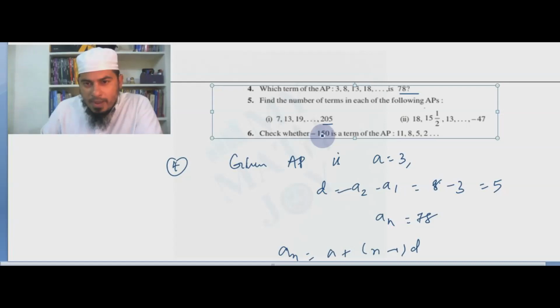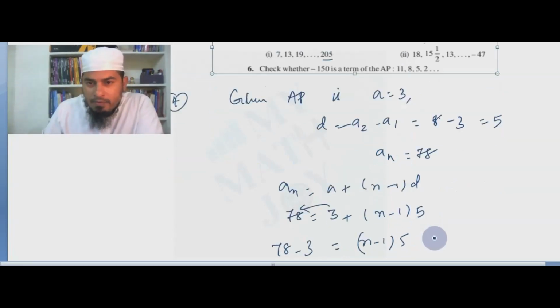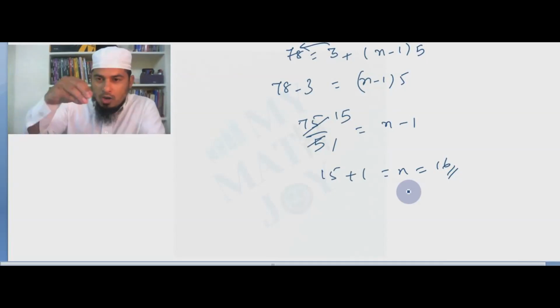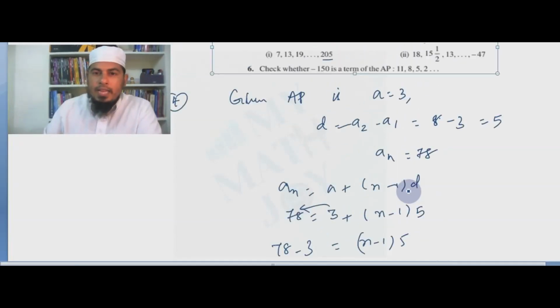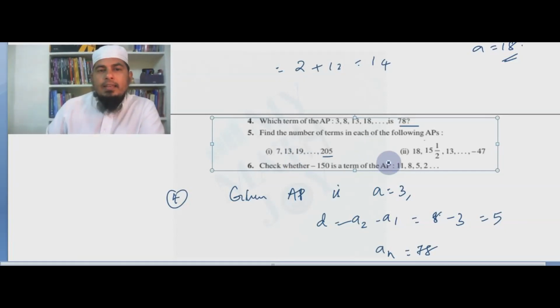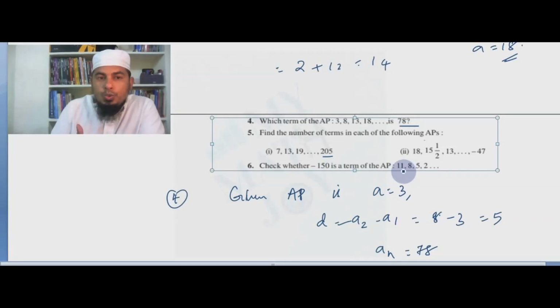Check whether minus 150 is a term of the AP is also the same question, and the logic is that when we find the n value, as we got n as 16 here, it means it was a term, the 16th term. Similarly, in the fifth question, parts 1 and 2, you will get the n value as an integer, and you have to cross check here for minus 150. When you take it as an and do the problem, you should get n as a positive integer, and only then is minus 150 in this AP.